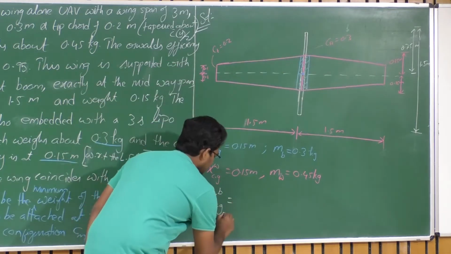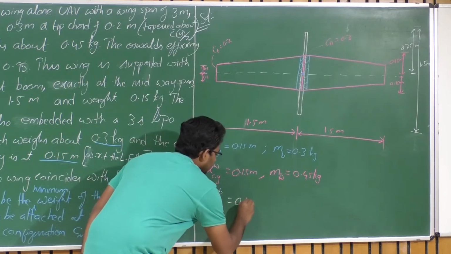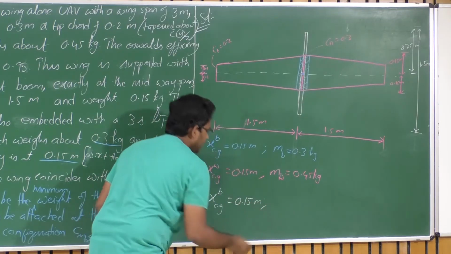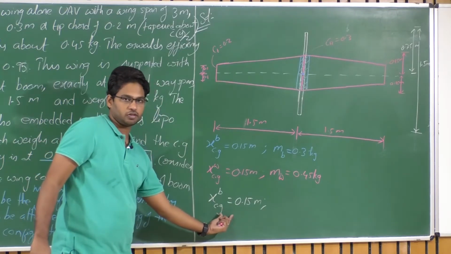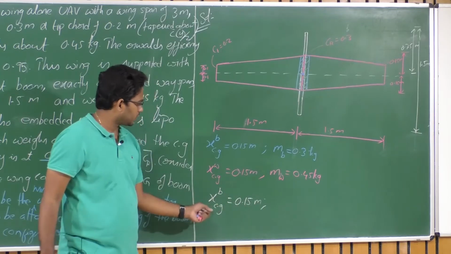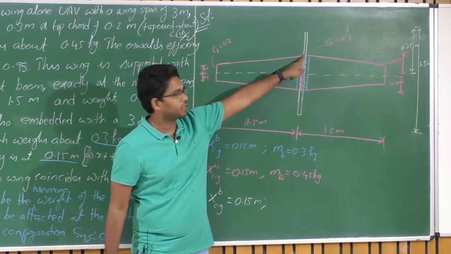So, let us say 0.15 meters. If I don't write anything beneath this CG as a subscript, that means we are measuring with respect to the leading edge of the root chord.